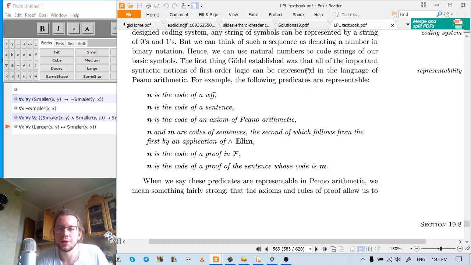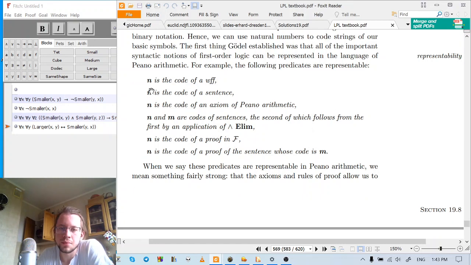So he told us that all of the important syntactic notions can be represented, and that is the kind of strong sense that we imply in the word to represent.